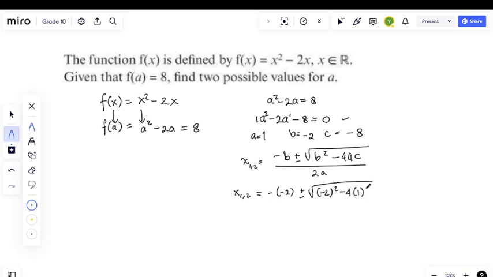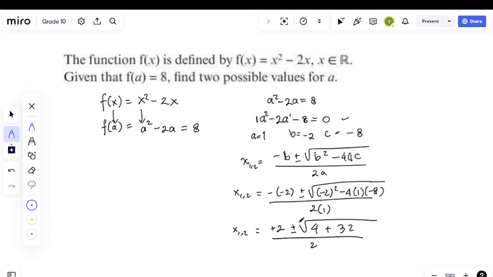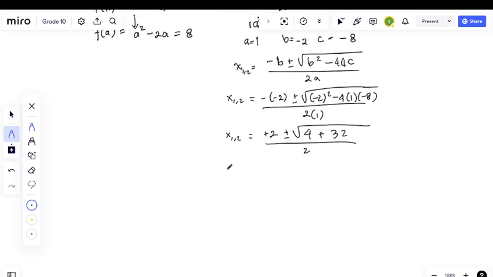Minus 4, A is 1, C is negative 8, 2 times 1. So we have X1,2, it's plus 2 plus minus square root of 4. Nah, ini dikalikan dulu ya. It's plus 32 over 2, so that we have 2 plus minus square root of 36 over 2, which is 2 plus minus 6 over 2.